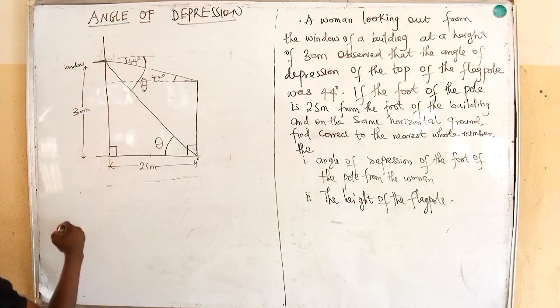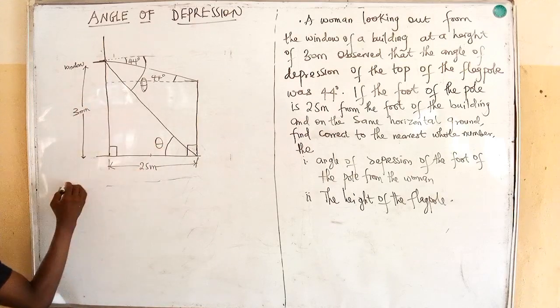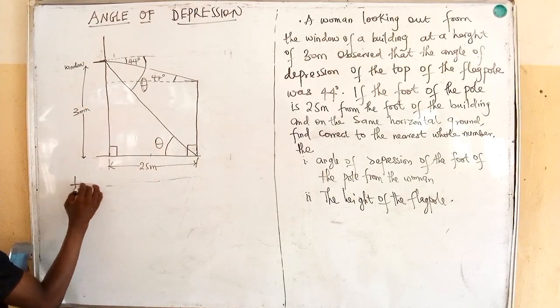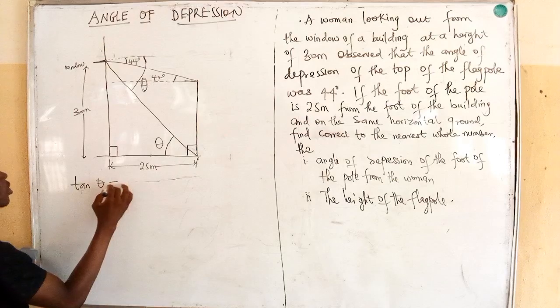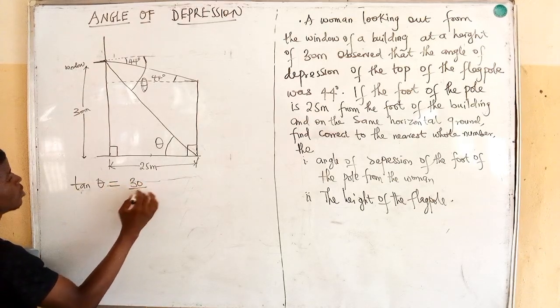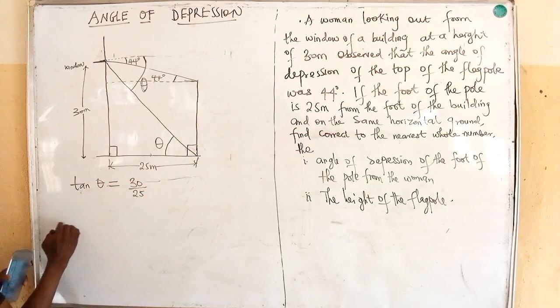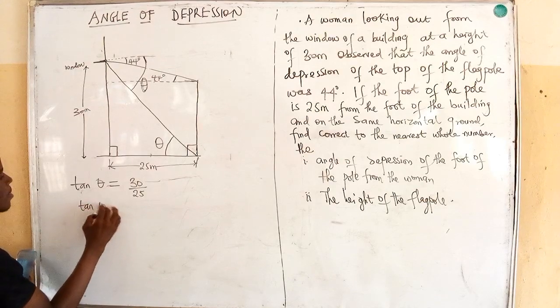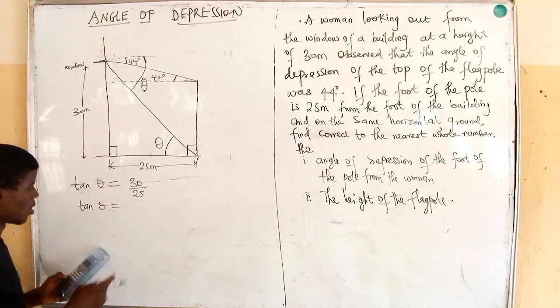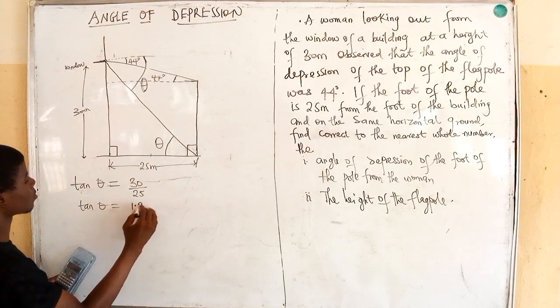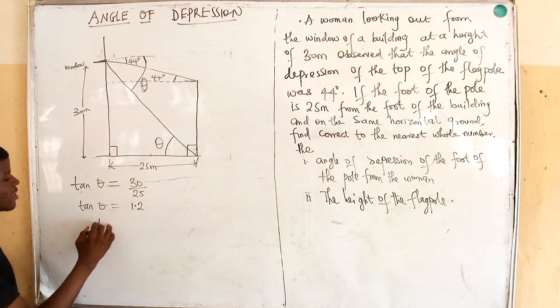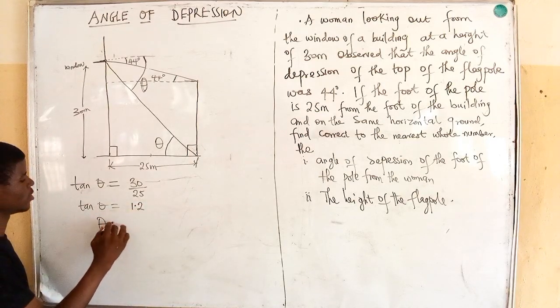So let's get the angle. Opposite over what? Adjacent. So tan theta is equal to 30 over what? 25. So tan theta is equal to 1.2. So to get theta, I will take tan inverse of this.